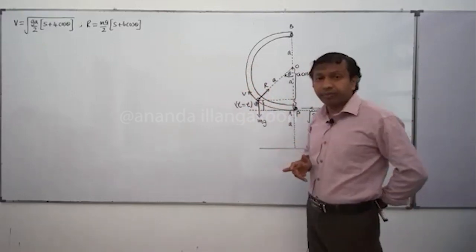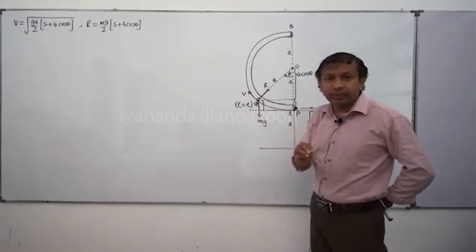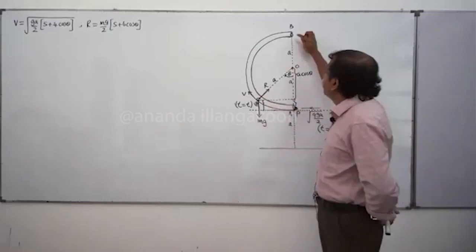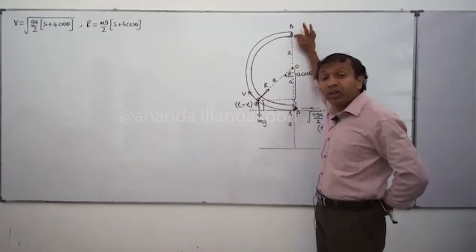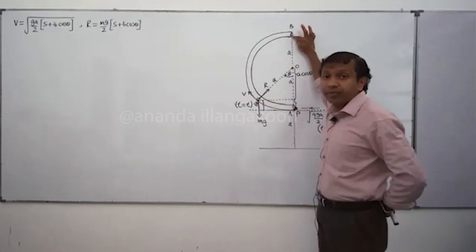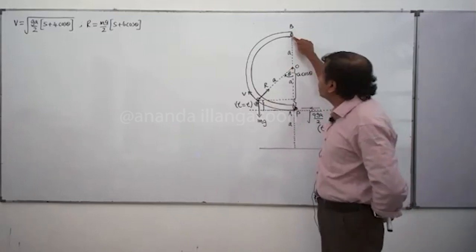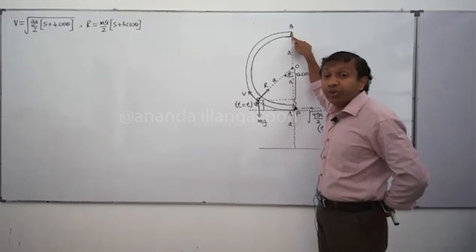So the condition required for the particle P to reach the point B is that the particle should have enough velocity to reach this point B. Once the particle reaches the point B, it should have a positive or zero velocity.